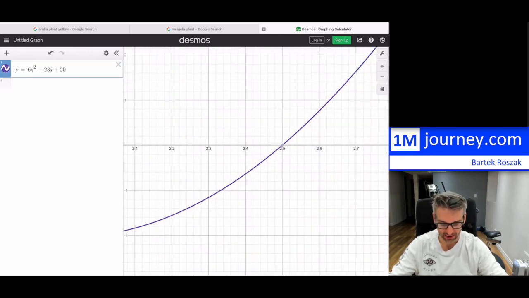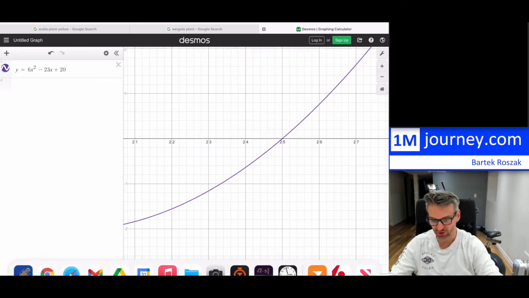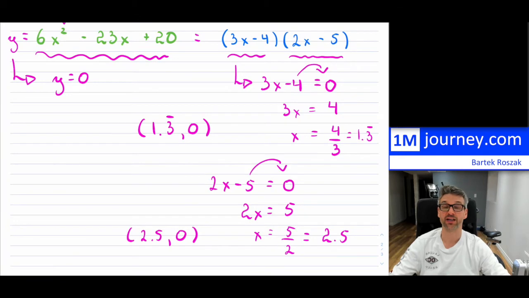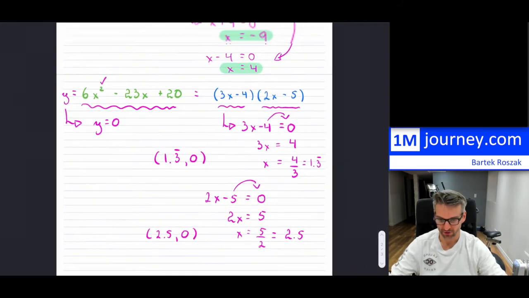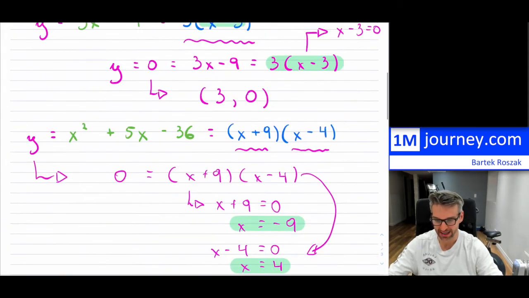And indeed, notice that it is exactly 2.5. That is what happens to all of these expressions in factored form. It's very nice to be able to practice graphing them on your own to get some kind of a concept and understanding of what these things mean when they're in factored form. So that was another example.